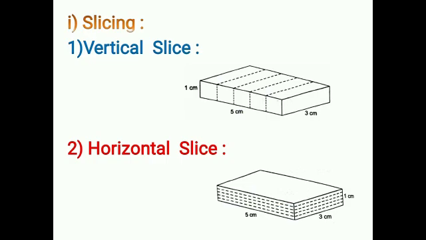Now the next point is shadowing. This is the second type. Shadows are a good way to illustrate three-dimensional objects in two dimensions, correct? Have you noticed the difference in your shadow at different times of a sunny day?